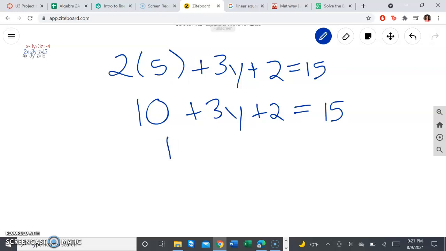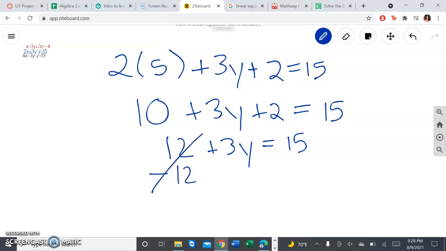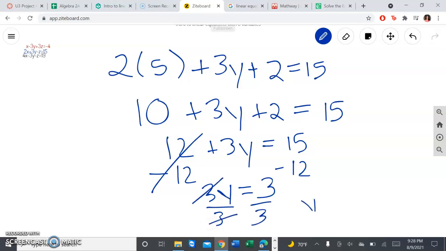So it will be 12 plus 3y equals 15, and then again we want y by itself, so we're going to subtract 12 from 15, so that will give us 3y equals 3. To make it y completely by itself, we're going to divide by 3, that cancels, and y equals 1.